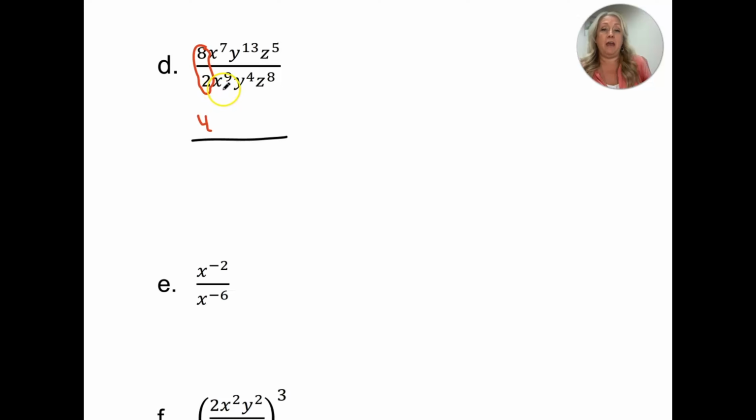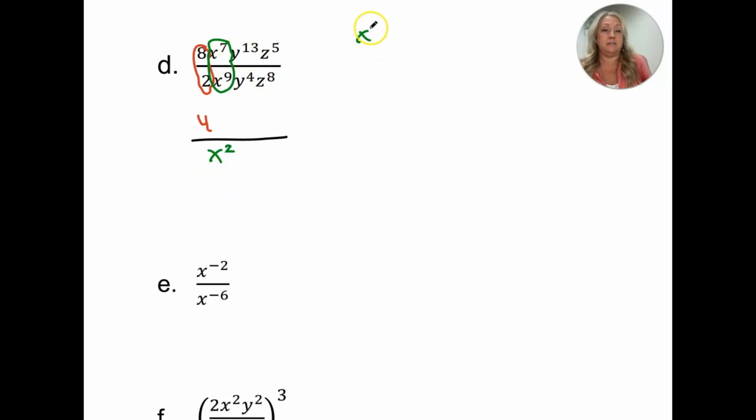And then ask yourself, how many more x's are there in the denominator than in the numerator? And there's 2 more. And so that means that when we simplify this x to the 7th over x to the 9th, we're going to be left with just an x squared on the bottom.